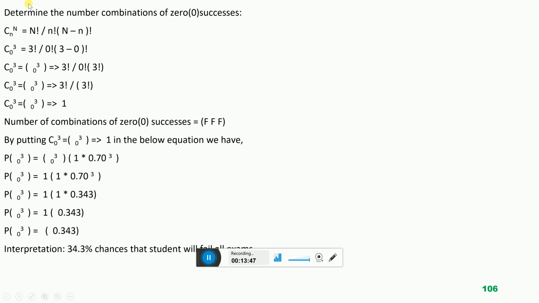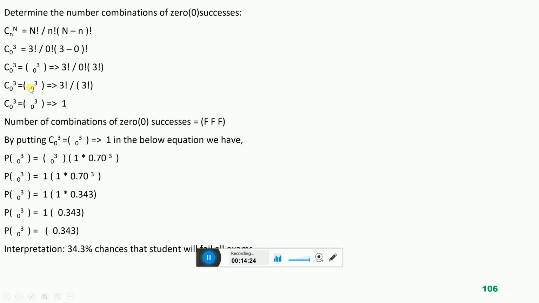So here I am determining the number of combinations of 0 successes. The counting rule for combination: C(N, n) is equal to N factorial divided by n factorial multiplied by (N minus n) whole factorial. Now C(3,0) is equal to 3 factorial divided by 0 factorial times (3 minus 0) whole factorial, which is 3 factorial divided by 0 factorial, which is 1, times 3 factorial.